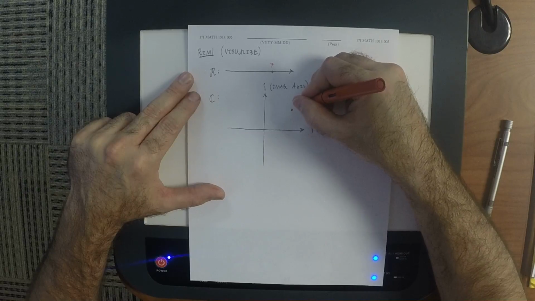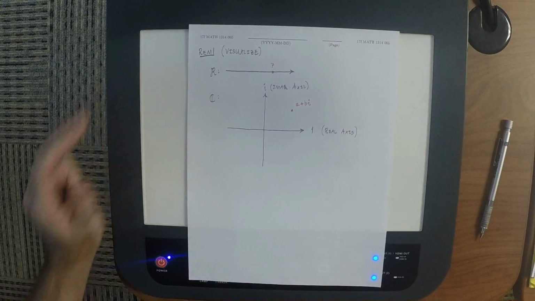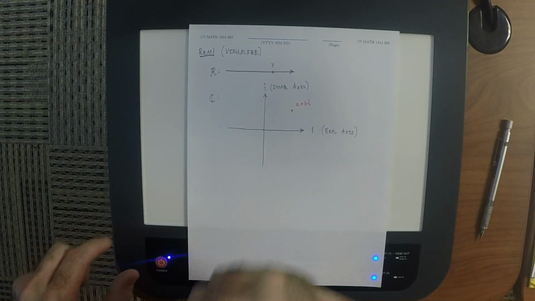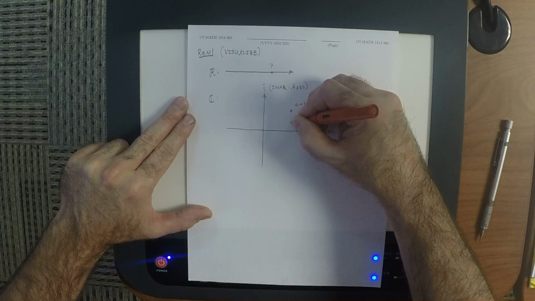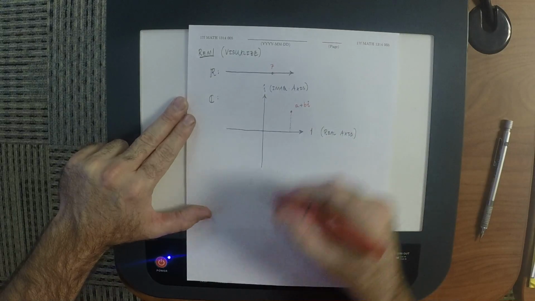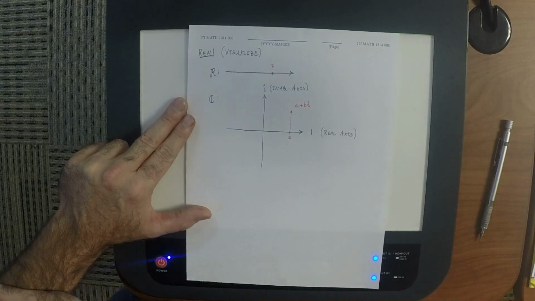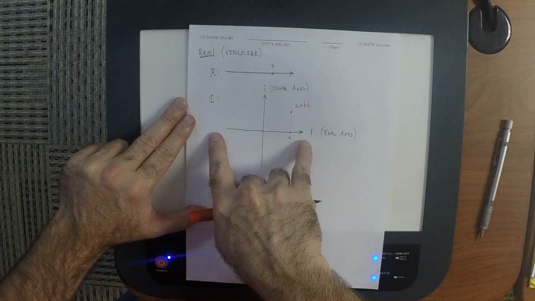So if this is the point a plus bi, a complex number, then what's its real part? A. And the reason why it's A is because if you were to go straight down to the real axis, you'd measure that to be A on the horizontal copy of the reals.